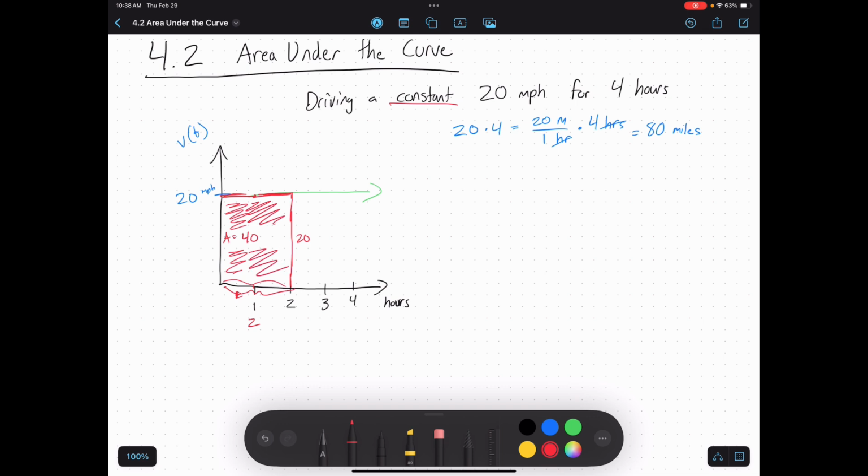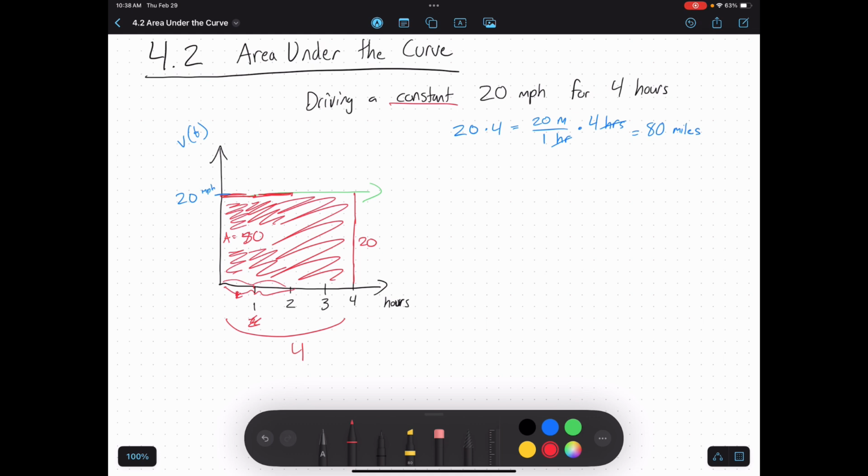What does it represent? It represents the total distance I've traveled after 2 hours. So if I skip to the end, right? If I calculate the area under my graph from 0 to 4, this is a width of 4 hours, a height of 20, and so the area is just the area of this rectangle, and I get 80.